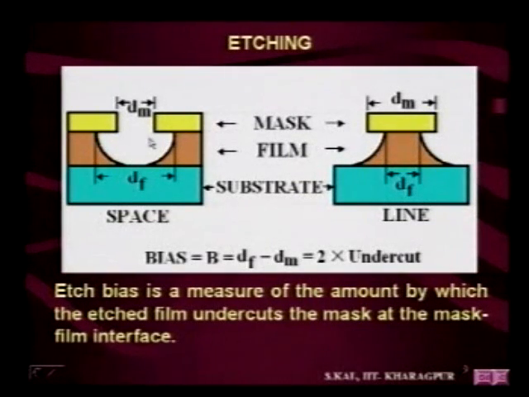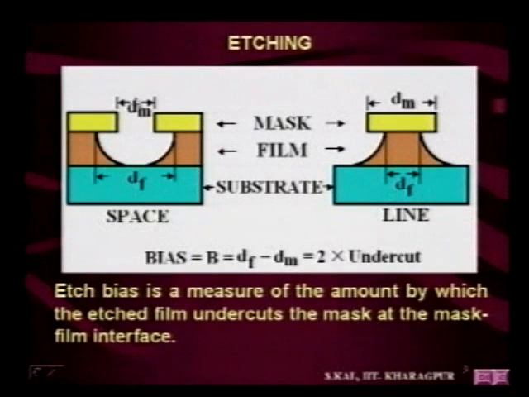But what will happen here? Because of the isotropic nature of the etching mechanism, the etching medium will etch vertically downward, and after that it can etch laterally also, because it is isotropic in nature.